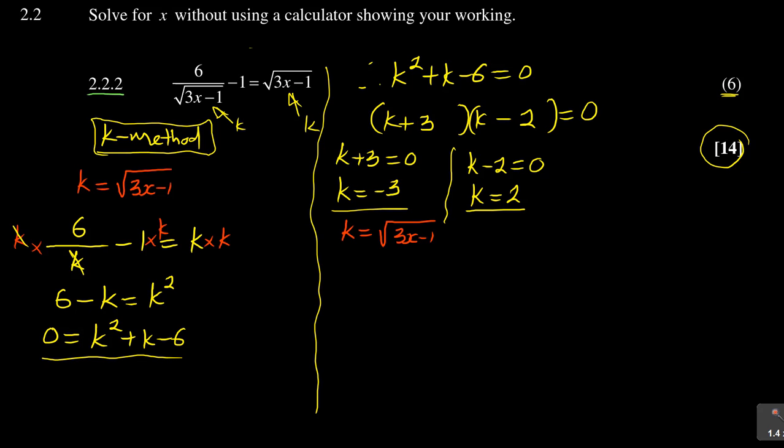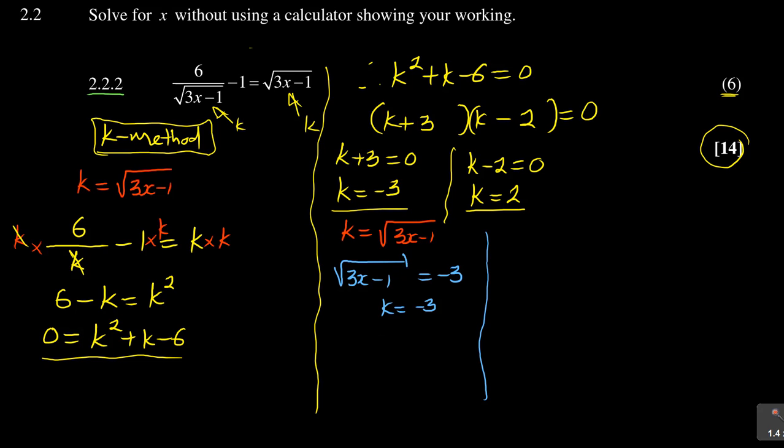So I need now to solve for my x, because I'm looking for x, not for K. Which means square root of 3x minus 1 is equal to minus 3. This is where K is equal to minus 3. This is the first answer that we got, where K is minus 3.